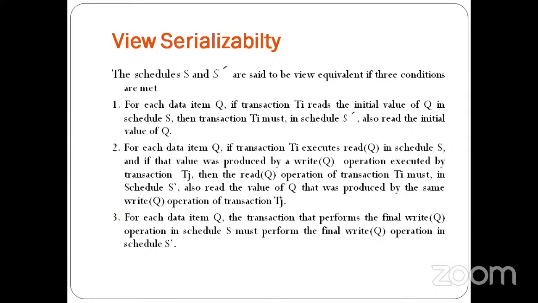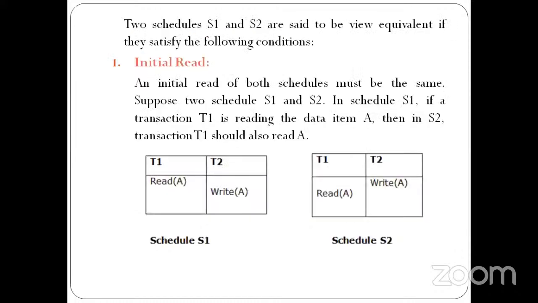After this, the transaction that performs the final write operation in schedule S must perform the final write Q operation in schedule S dash. So this is about view serializability. Two schedules are there, S1 and S2.